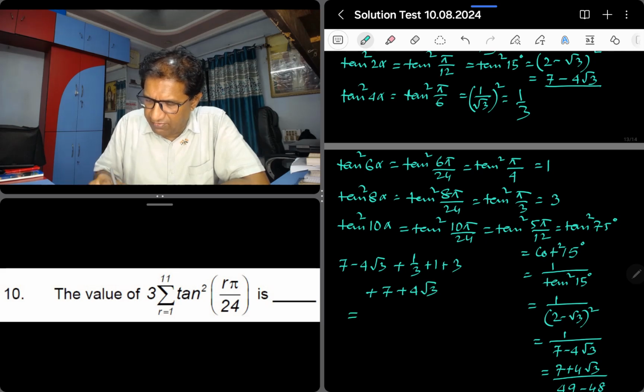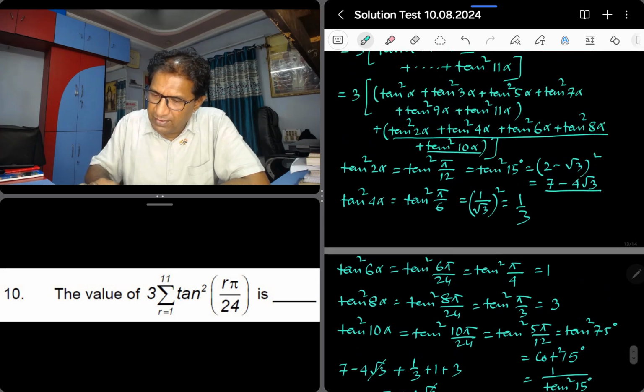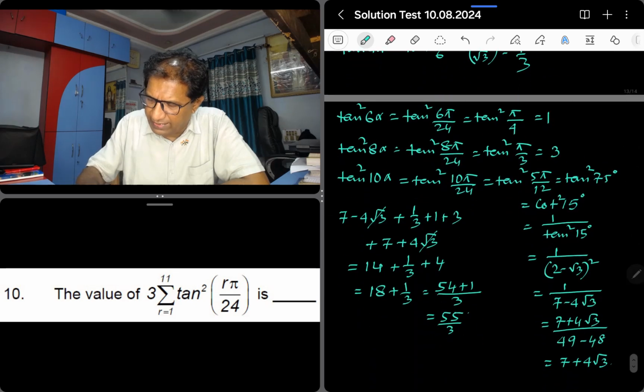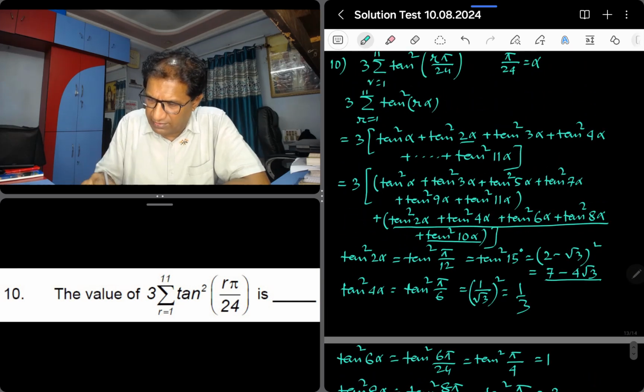So we are basically having 14. This goes off. Plus 1/3 plus 4. So we are having 55 over 3, right? So this part we are getting actually 55 over 3. So let it be in our hand. We will use it later on. Now let us just move to this part.